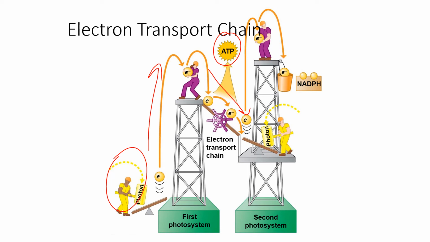The process of the electrons getting excited, jumping up, and going down is going to repeat. And as I said, some of those electrons are going to be captured by those empty buckets, the NADP positive. When those buckets are filled, we refer to them as NADPH.